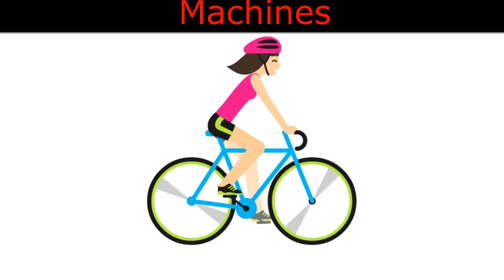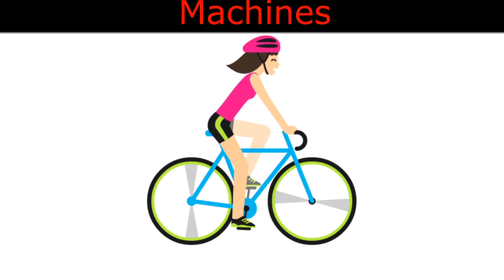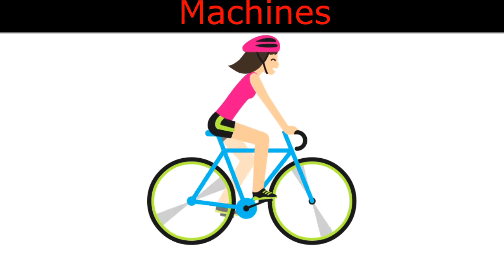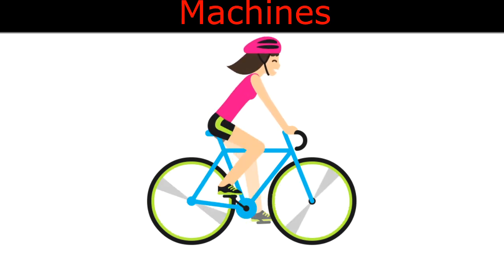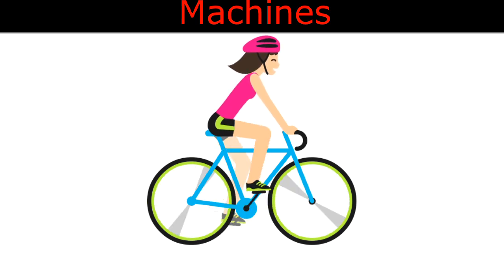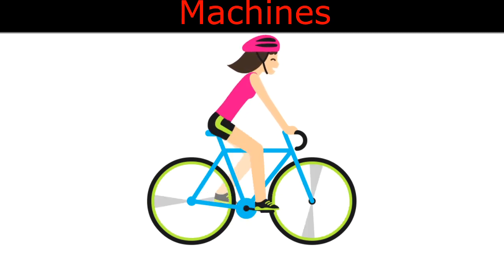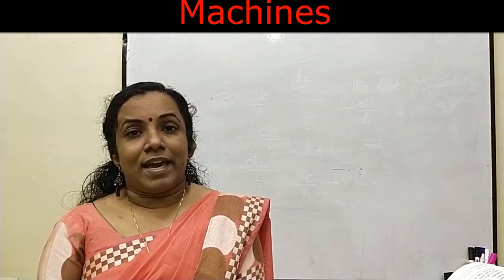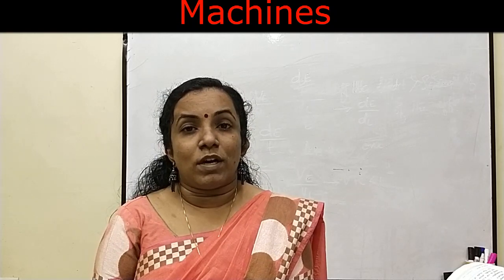The long chain changes the point of application of force from the pedal to the rear wheel. Thus, the point of application of effort is changed from the pedal to the rear wheel. Here, the machine helps us to change the point of application of effort to a convenient point. Here also, load and effort will be the same. Hence, here also mechanical advantage and velocity ratio will be equal to 1.